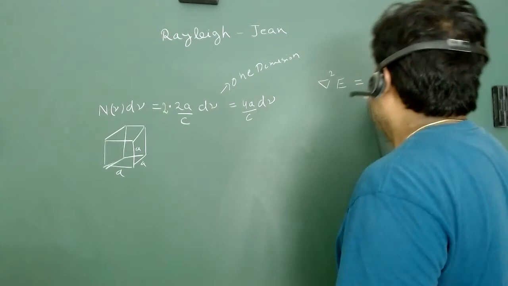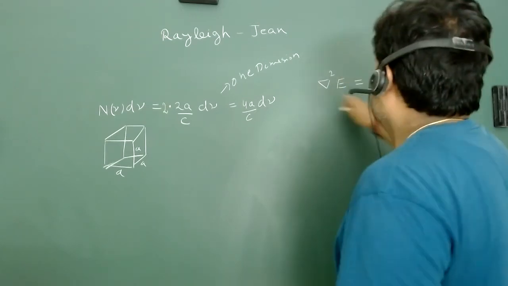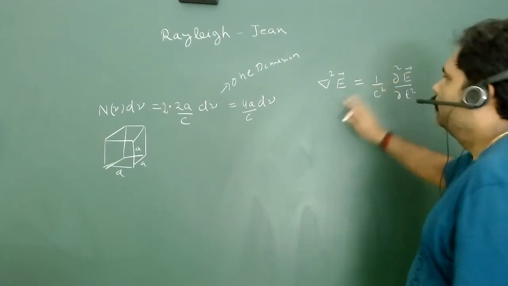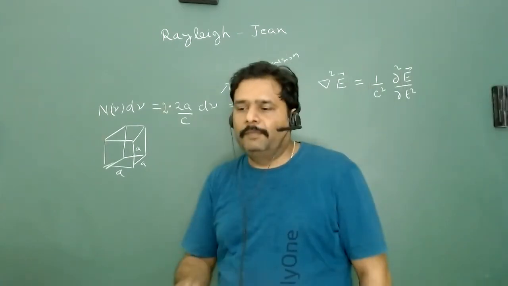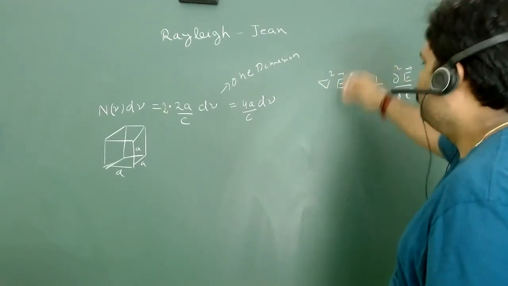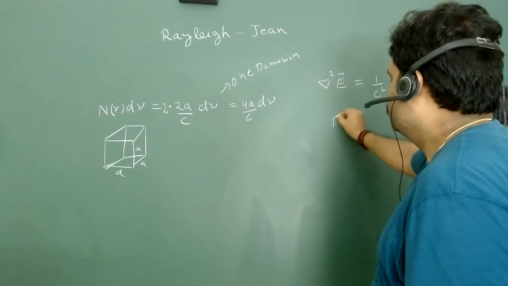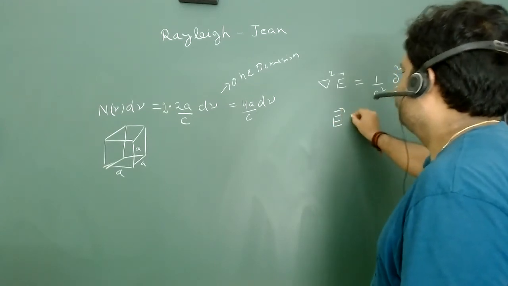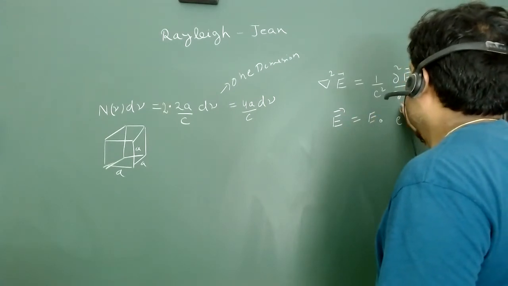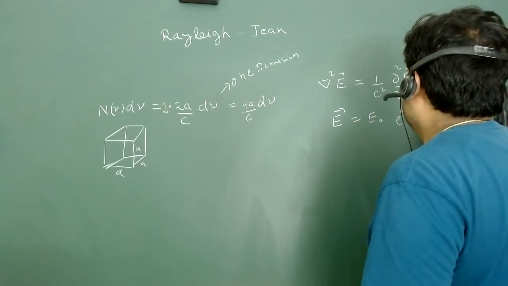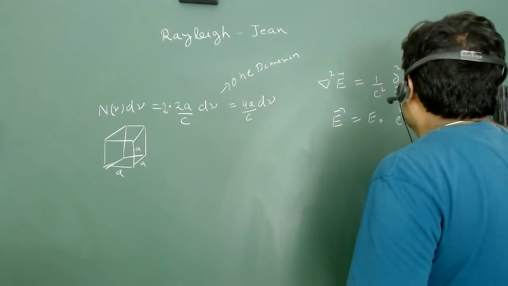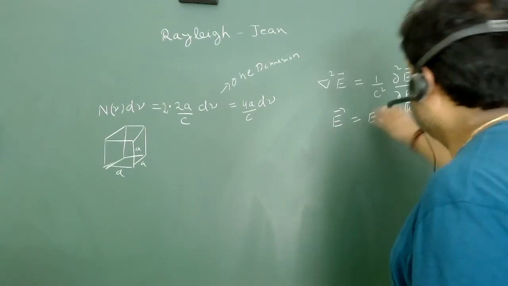The classical electric field can be represented by this particular wave equation, a vector equation. So if this is a wave equation, I can say that the electric field will behave like E naught e to the power i(k dot r minus omega t). So this is the nature of the electric field in three dimensions.